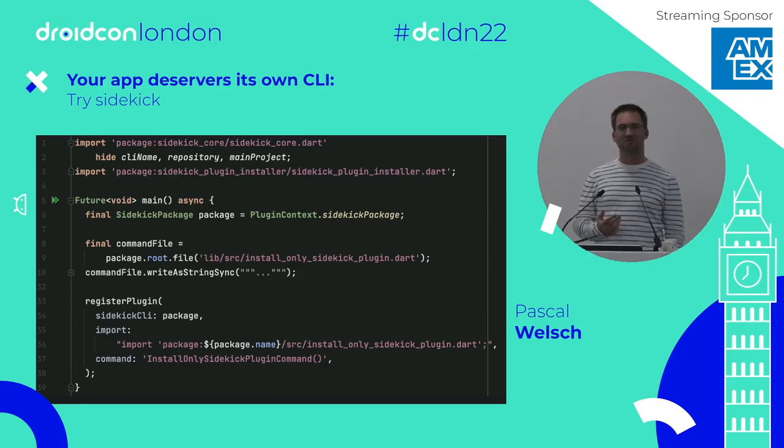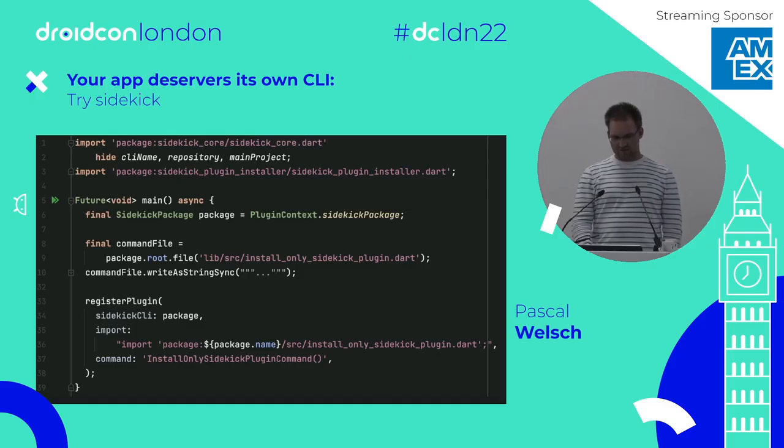Plugin registration was very fun to implement because we are actually using the Dart analyzer to analyze the sidekick tool that's installed on your system. We find the exact line where we want to register your command, and we insert the code there.